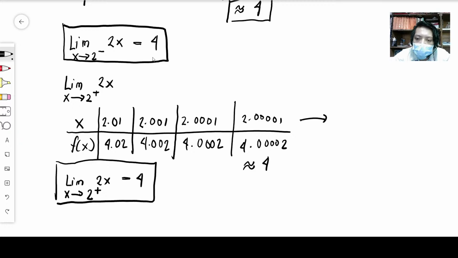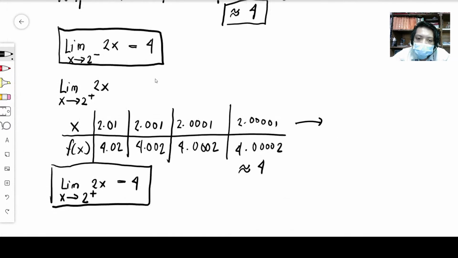And the left hand limit is this one. And the right hand limit is this one. So since the values of the left hand and the right hand limits are equal, the limit of the function 2x when x approaches 2 is indeed equal to 4.